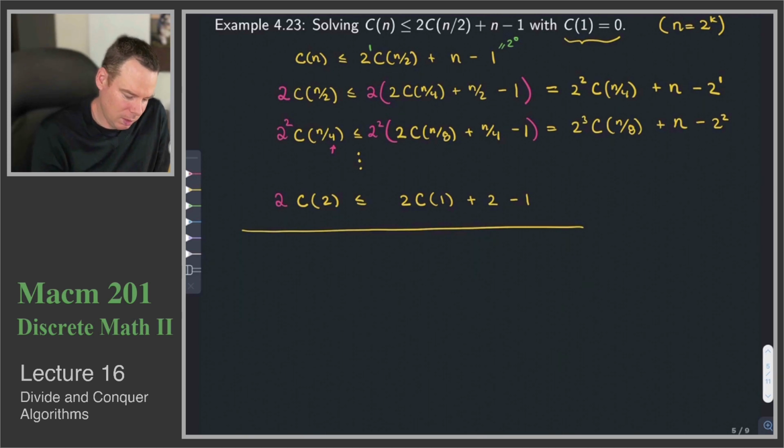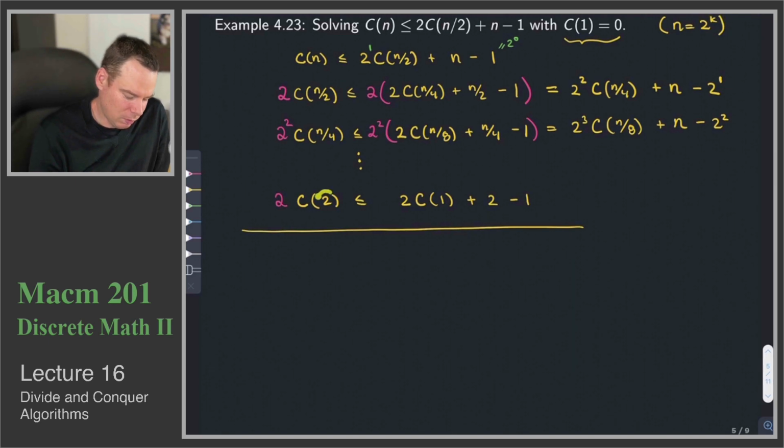What's sitting under the n here is a 4, or a 2 squared, and that's what's out front. What's sitting under the n here, well, I don't have it written as n over something, it's just written as 2. But n is 2 to the k.